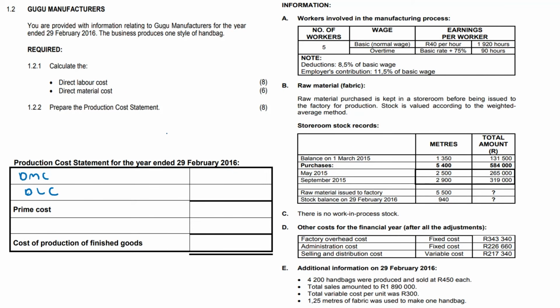Whatever we got for direct material cost is coming from 1.2.1, and the same for direct labor cost, also coming from 1.2.1. Our direct material cost amount was 583,000, and our direct labor cost was 459,660. If we add them together, we get our prime cost, and that'll be 1,042,660.